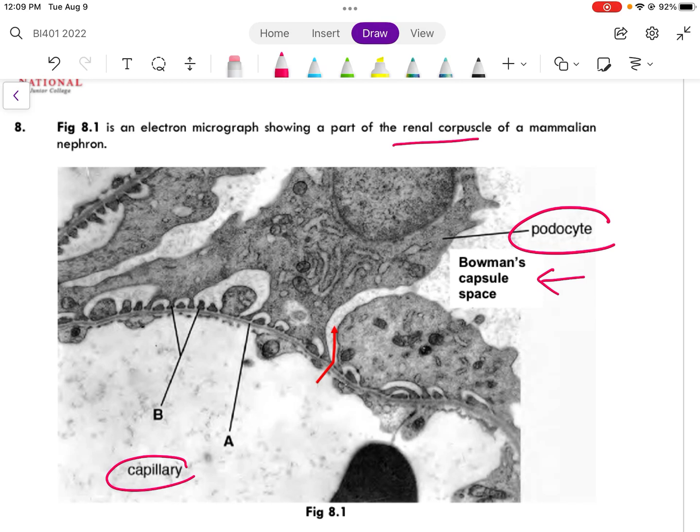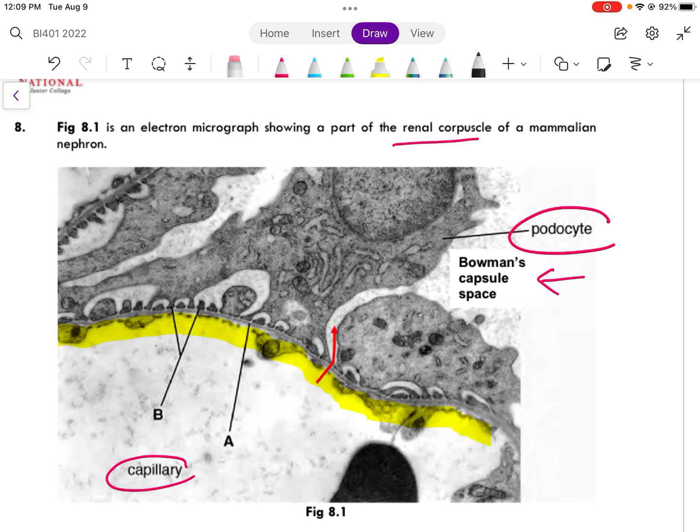So if this is the podocyte, this is the capillary. In other words, likely what you are viewing over here, okay, let me highlight it in yellow. This region over here, the bottom part over here, is likely the walls of the capillary, the endothelial wall of the glomerular capillary.